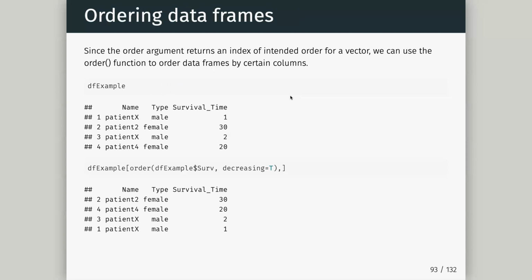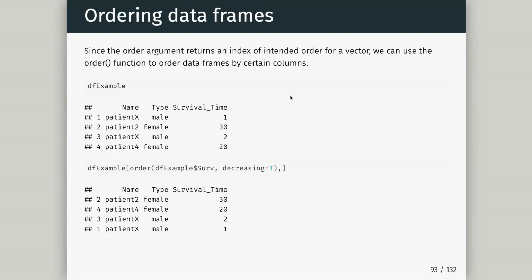All right, so let's use this now with a data frame. We have our data frame here, df example, with a column of survival time: 1, 32, 20. I want to reorder this from longest survival to least survival. All I need to do is pass in the order function the survival column.